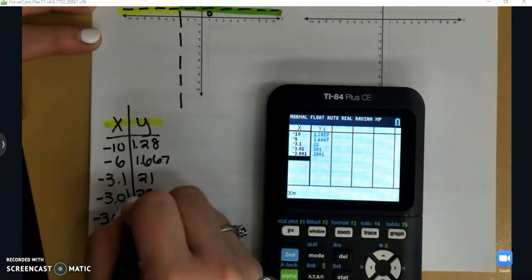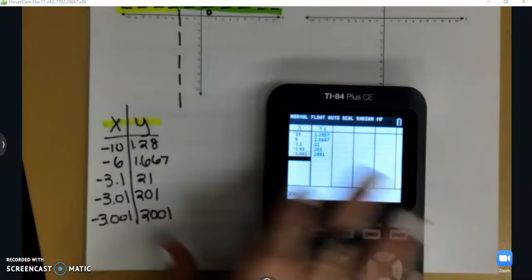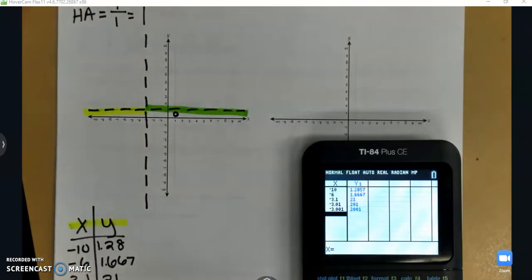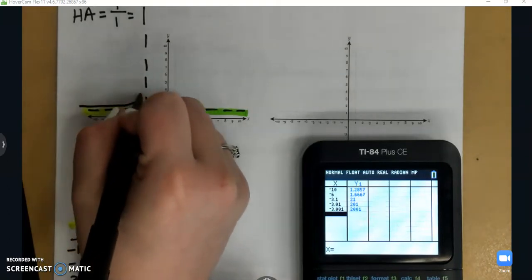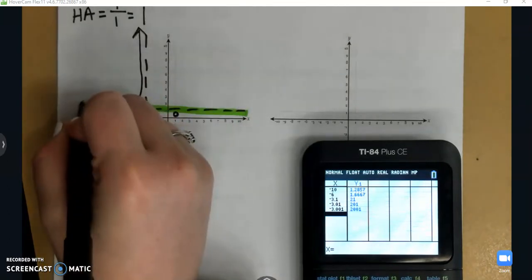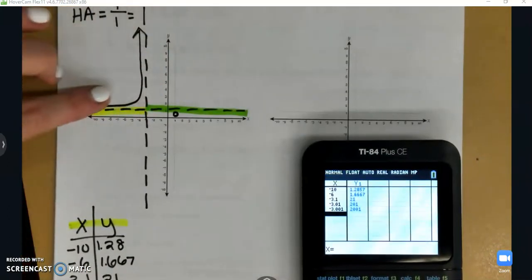So they are positive, and they are getting bigger as it's approaching that -3 boundary. So what that's going to look like, and this doesn't have to be super precise, but basically they're tiny numbers, and then they're going to jet off to be super large positive numbers. But they're all positive, so they need to be in the positive y section of your graph.